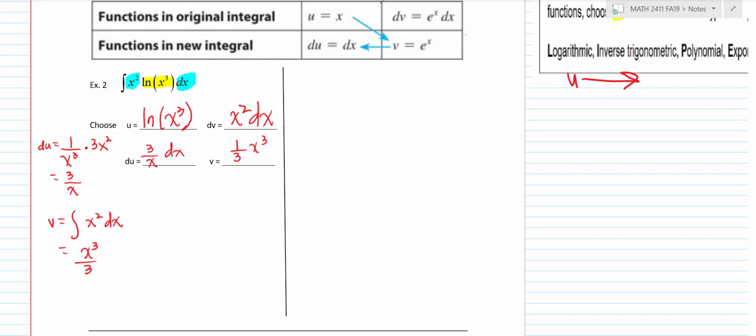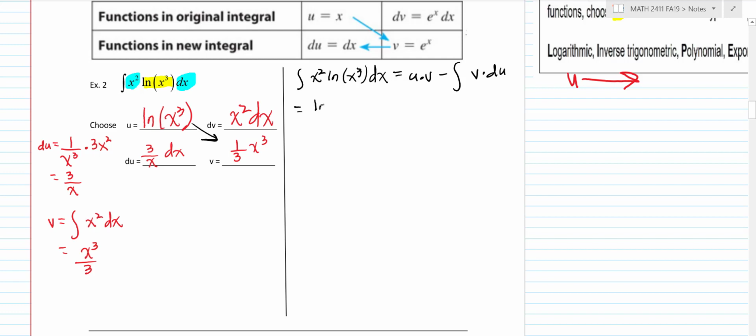All right, so I'm going to go like this then. So the integral of x squared ln of x to the third dx, the integration by parts formula is u times v minus the integral of v times du. Okay, so we're ready to plug everything in. All right, so u times v would be this times this.